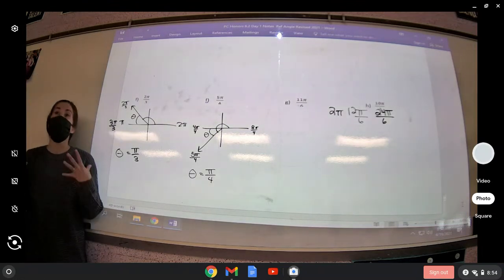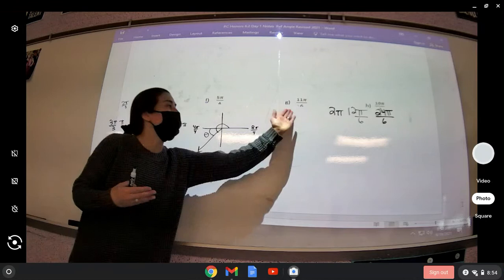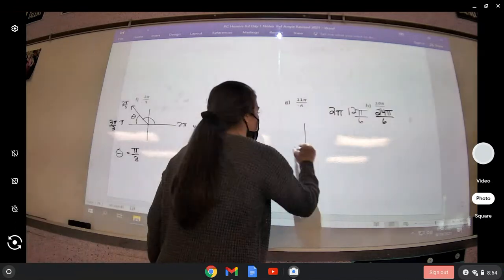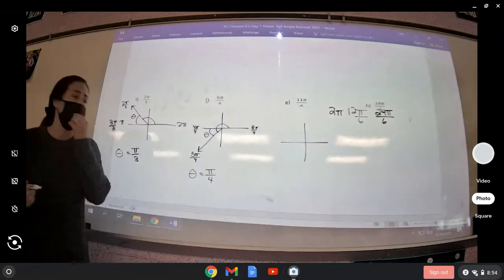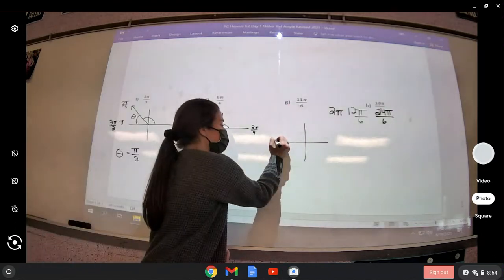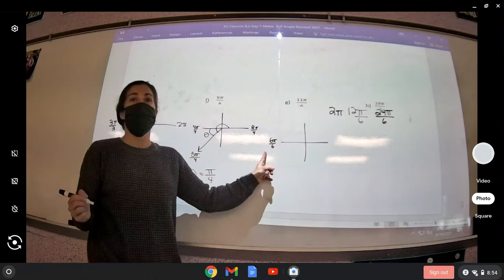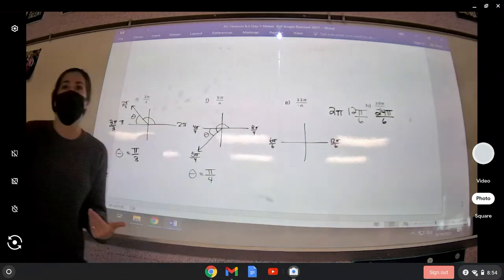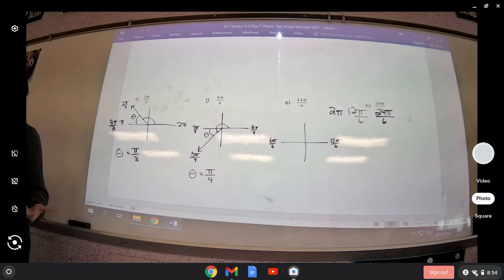All right. What's the reference angle to 11 pi's over 6? Where do 11 pi's over 6 live? Well, guys, in the world of pi's over 6, 6 of them make pi, and 12 of them make 2 pi. So where's 11 of them going to be?